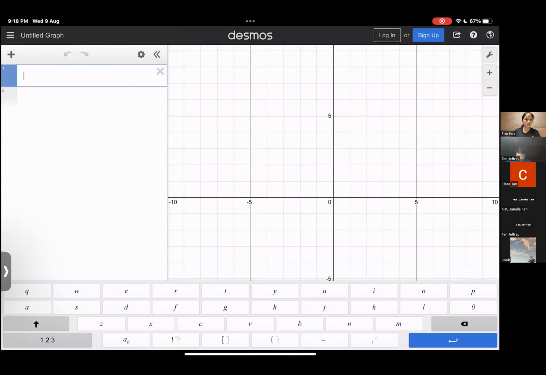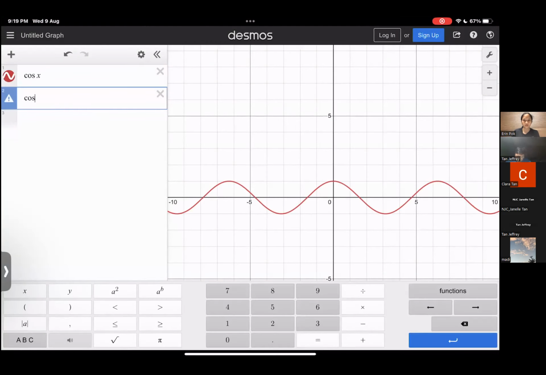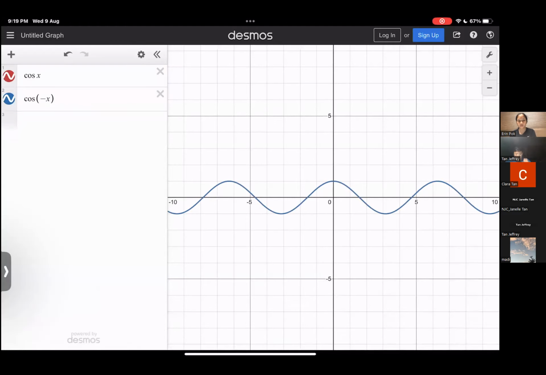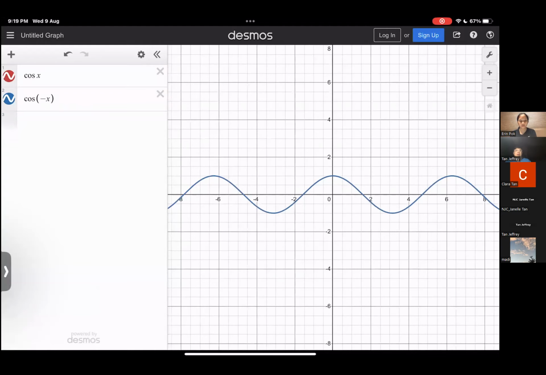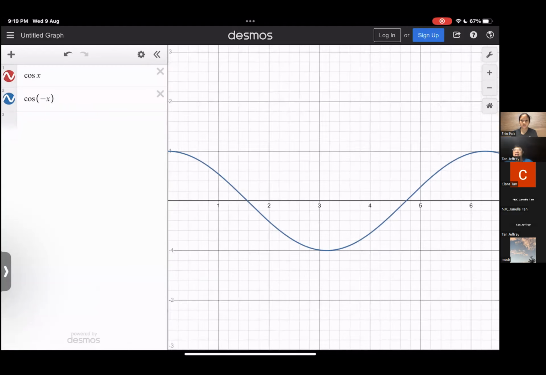Whether I sketch cosine x or cosine negative x, I may employ different x values, but you will see that the graphs are the same. I first show you the blue one, red one, blue one, red one. They overlap each other totally.